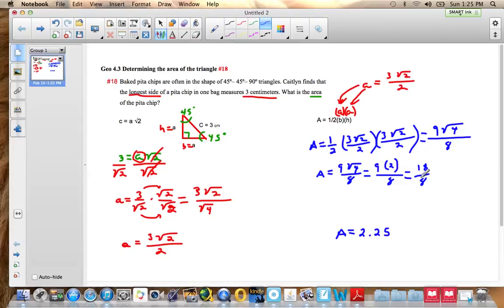And just to give you a look at how this goes, it's because 8 goes into 18 twice, so that is going to leave me with 2 and 2/8. And then the 2/8 right here simplifies to 1/4, leaving me with A equals 2 1/4. But 1/4 is equal to 0.25.